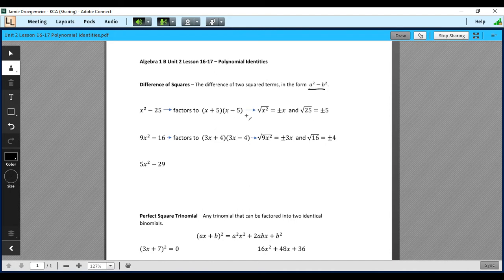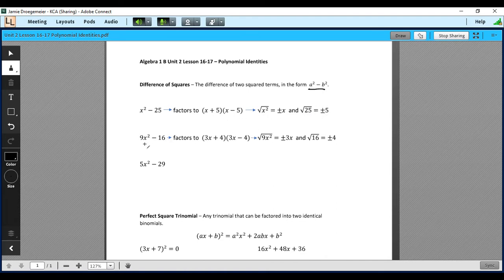Well, what we notice here is that if we take the square root of x squared, that gives us positive or negative x, our x here. If we take the square root of 25, that gives us the positive and negative 5. 5 squared is 25. Negative 5 squared is 25. So notice how we get those values.